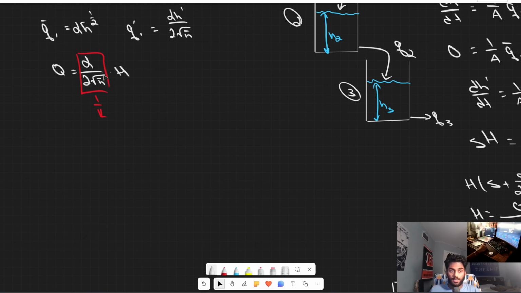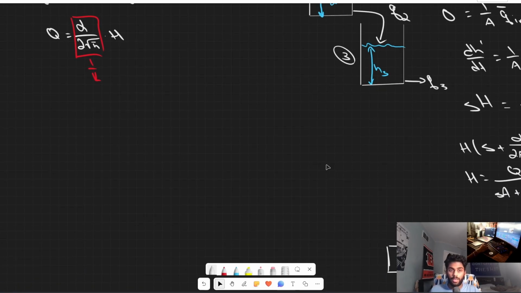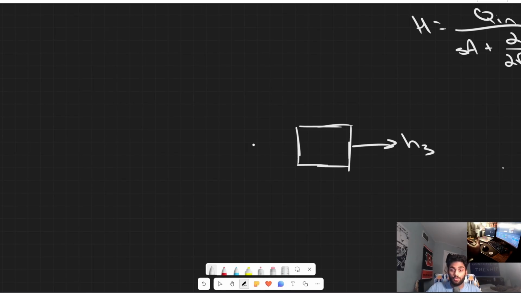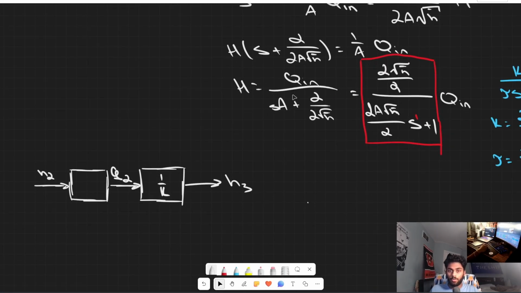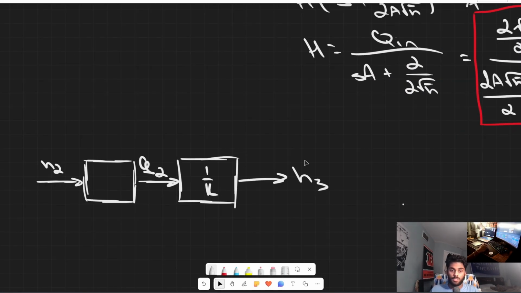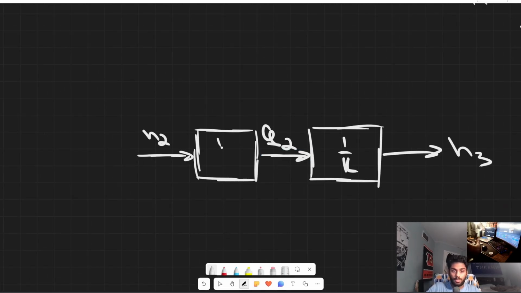So going from Q to H, we have to use 1 over K. Going from Q2 to H3, we must use 1 over K. Before that, we have a height 2, so we have H2 here. Well, how do we get from heights to flow? It's this relationship here, our K over tau S plus 1.